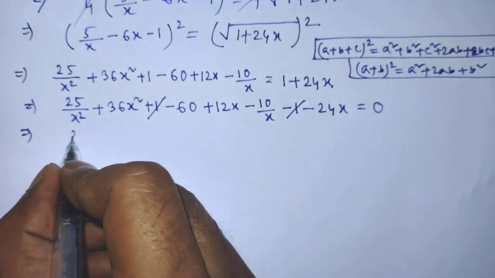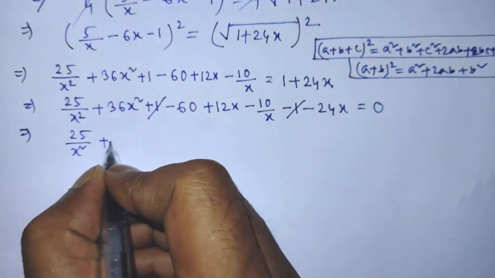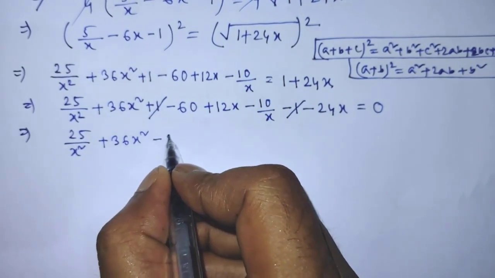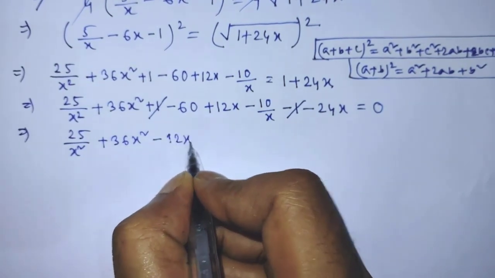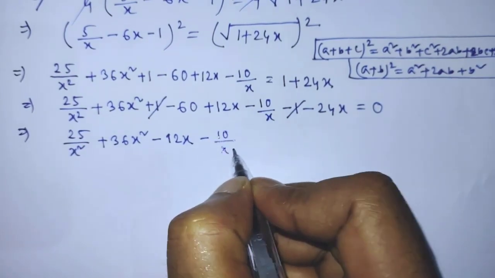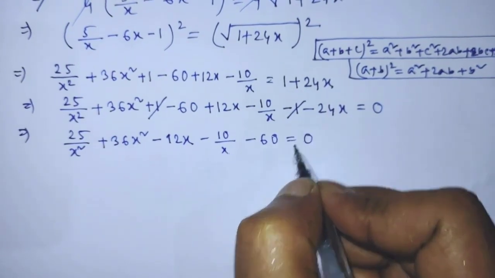So it will be 25 over x square plus 36 times x square minus 12 times x minus 10 over x minus 60 is equal to 0.